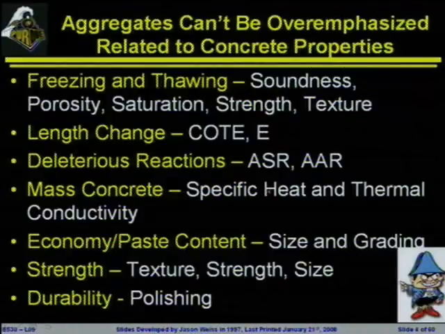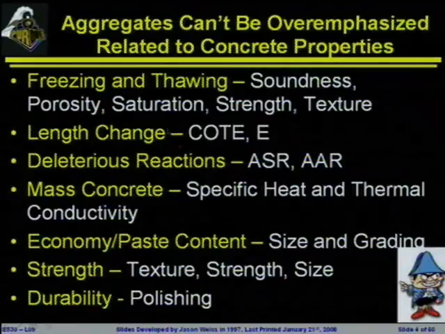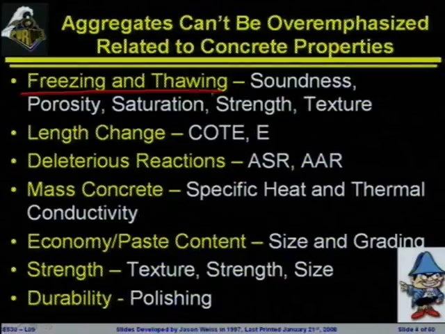Now, aggregates are going to be related to a lot of different properties. Freezing and thawing, aggregates are going to play a key role, and here we're not necessarily talking about the freezing and thawing capacity of the concrete, but we're really looking at the ability of the aggregates themselves to respond to freezing and thawing. A lot of you have driven on roads where you'll notice that there are quite a few cracks in different types of pavements.